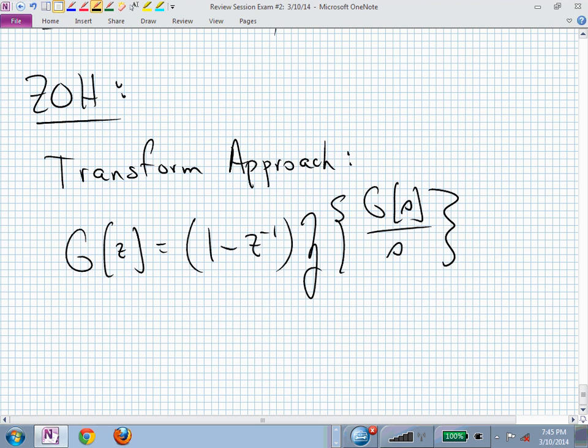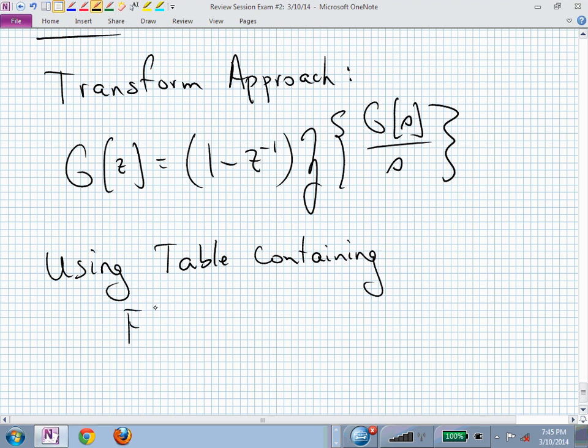We put one more pole at the origin and then find the z transform. That might be easier to do using the table containing F of s and F of z. If that doesn't feel good to you, don't do it.